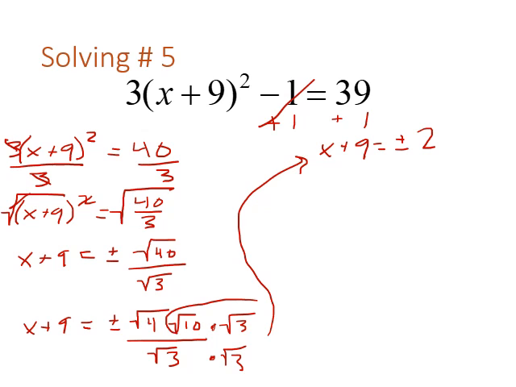Root 10 times root 3 is root 30, and there are no perfect square factors of 30. All over, and we rationalized and got 3. Root 3 times root 3 is root 9, and root 9 is 3. The last thing I have to do is get x by itself by subtracting 9 from both sides.